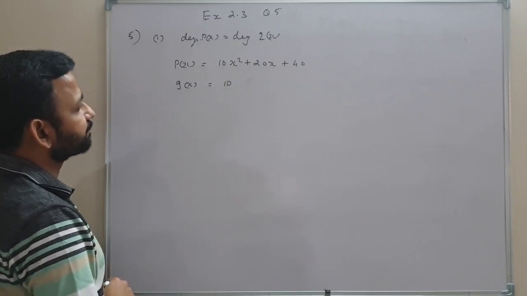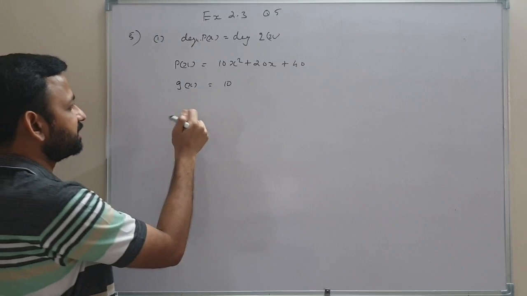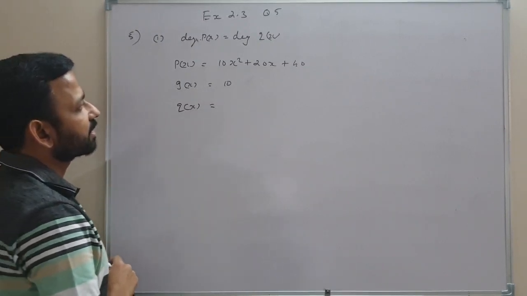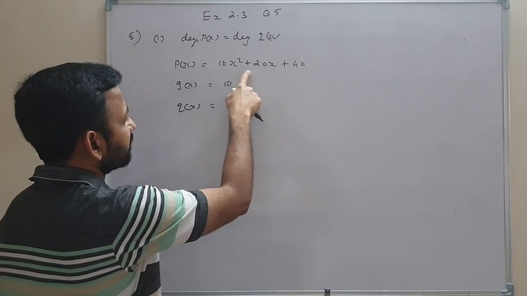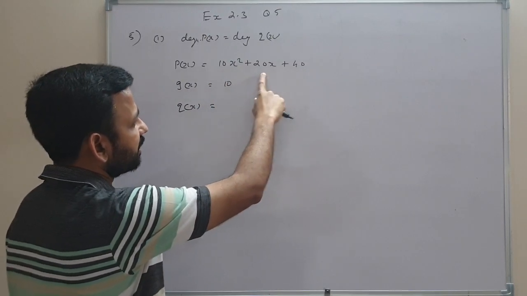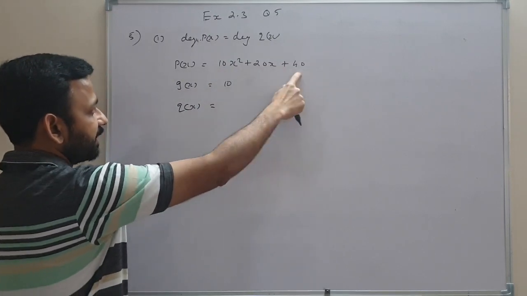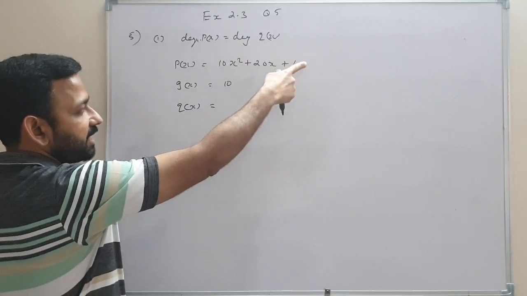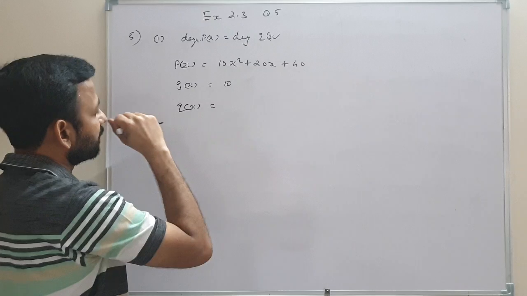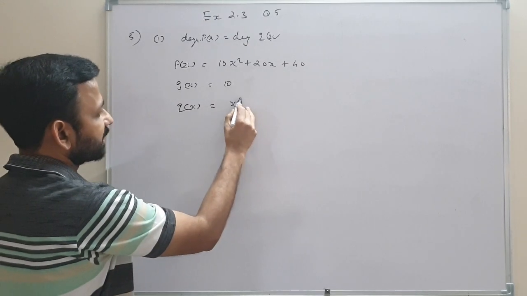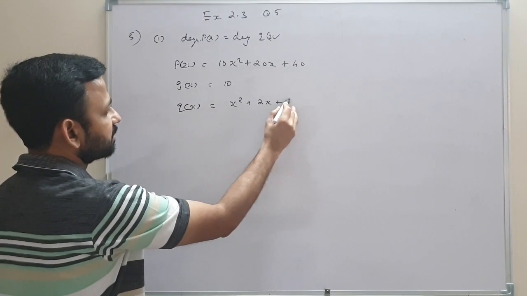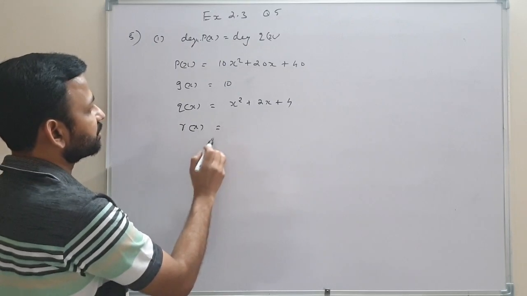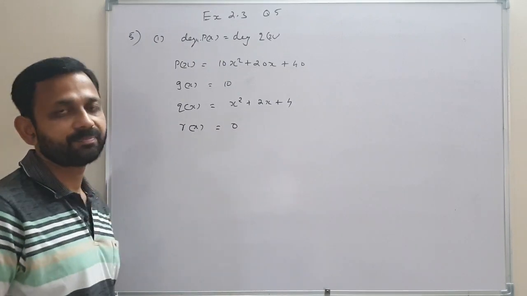When we divide p(x) by g(x), we can divide each and every term by 10, so q(x) will be x² + 2x + 4, and the remainder r(x) is equal to 0.